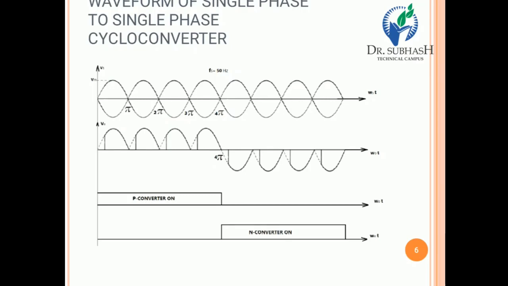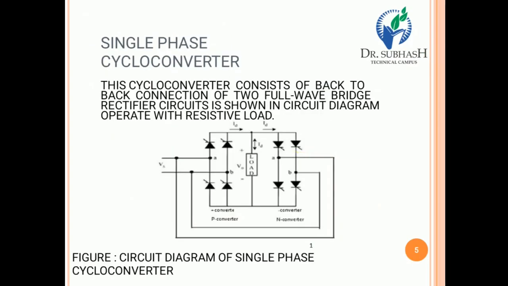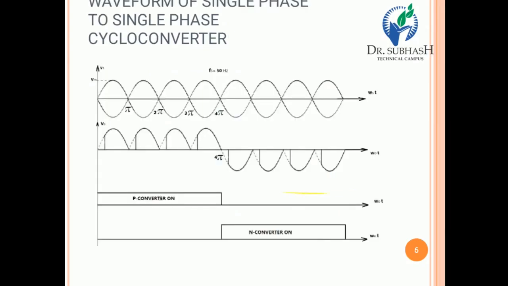In the positive half cycle, the P converter bridge rectifier turns on, and the N converter bridge rectifier turns off. While in the negative half cycle, the P type bridge rectifier turns off, while the N type bridge rectifier turns on.